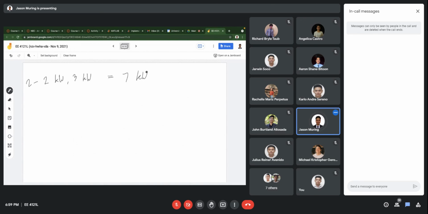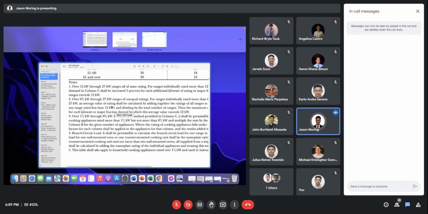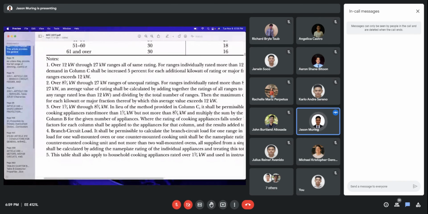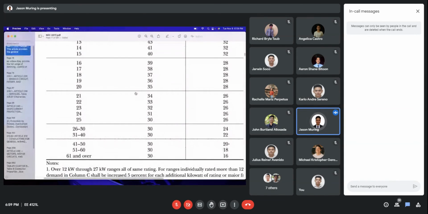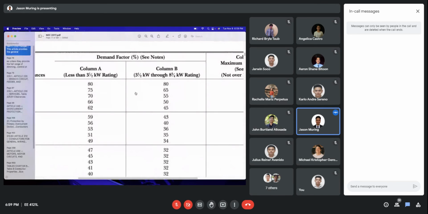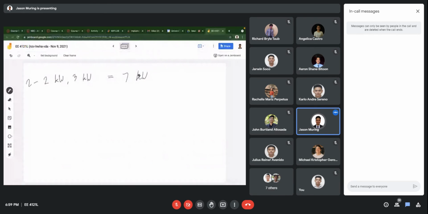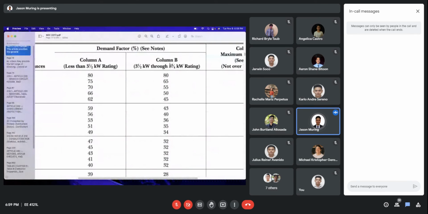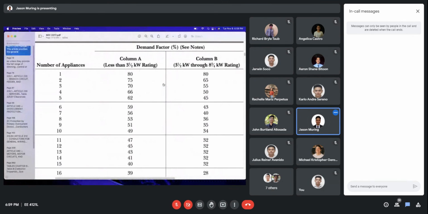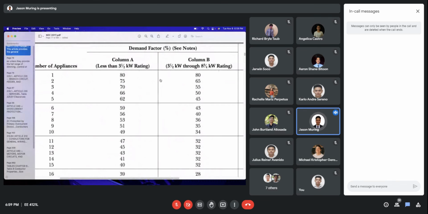kilowatt. Since it did not exceed the range from 1 and 3/4 to 8 and 3/4, we can apply either column B or column A, whichever it falls to. So 7 falls at column B, so therefore we use this rating here. Okay, so 7 times 1, so there's just 1, since we add them. So usa na lang kabuok, so we use 80%.